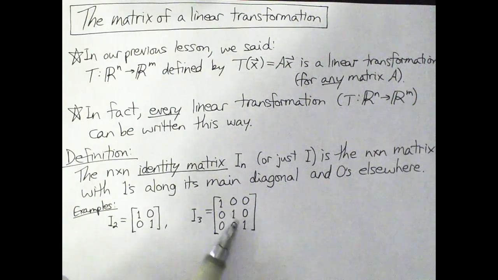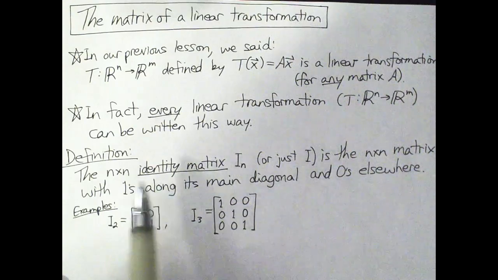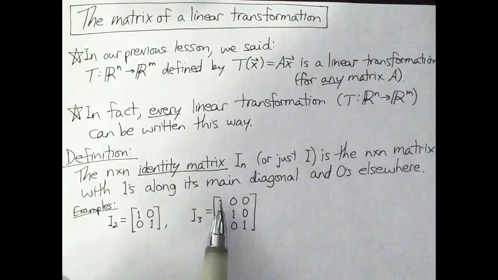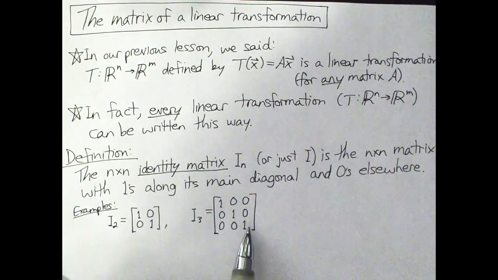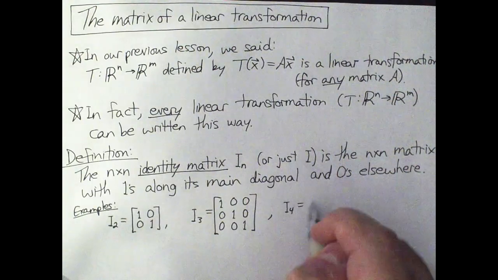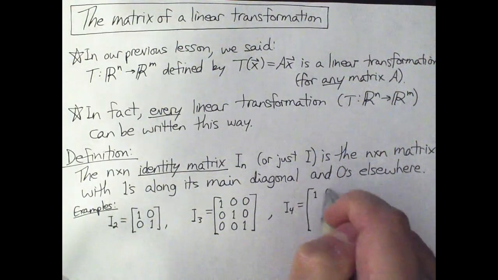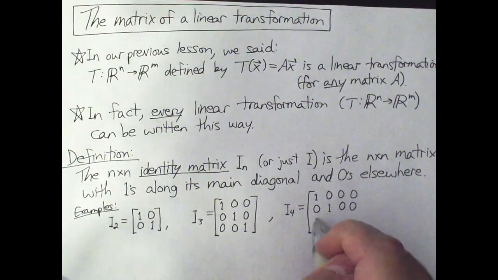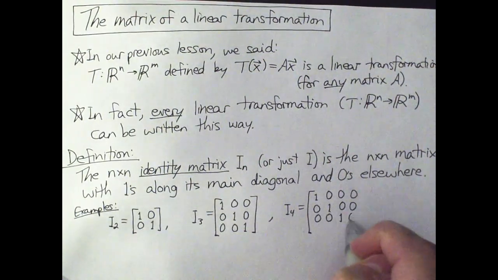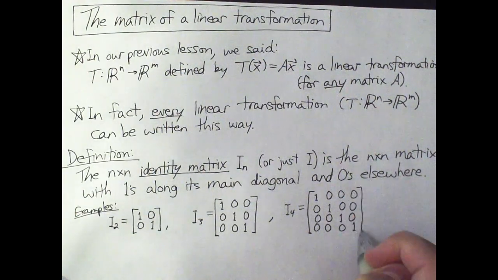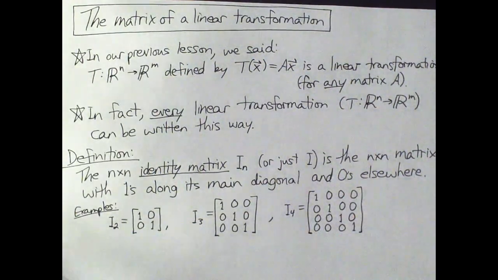The main diagonal is considered from the upper left to the lower right, and because we said this is an n by n matrix, you know that it's a square. So you can go all the way from the upper left to the lower right. I'll do one more. The identity matrix is one of the fundamental matrices that is useful in linear algebra.